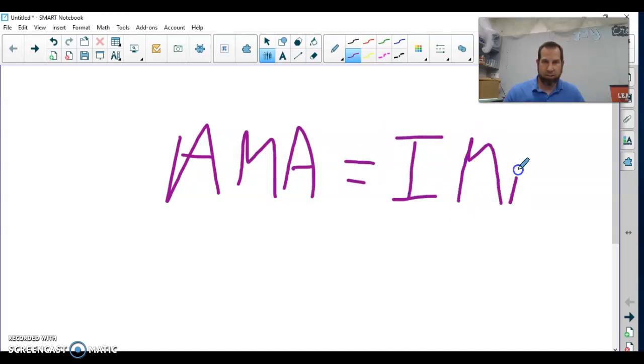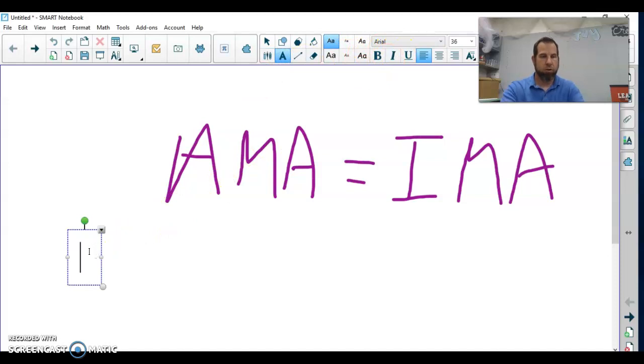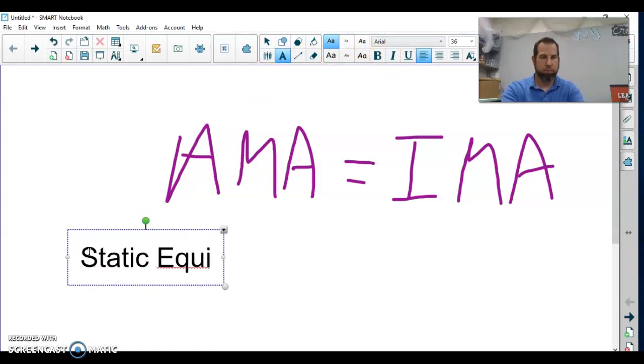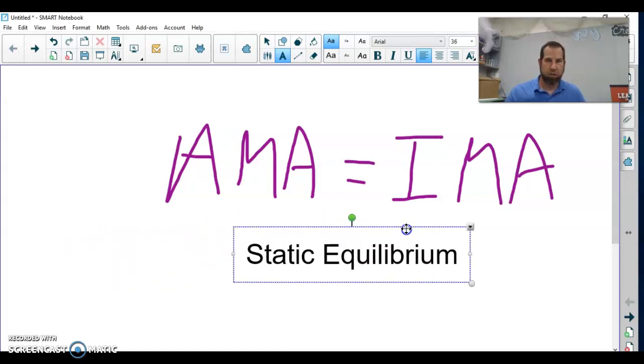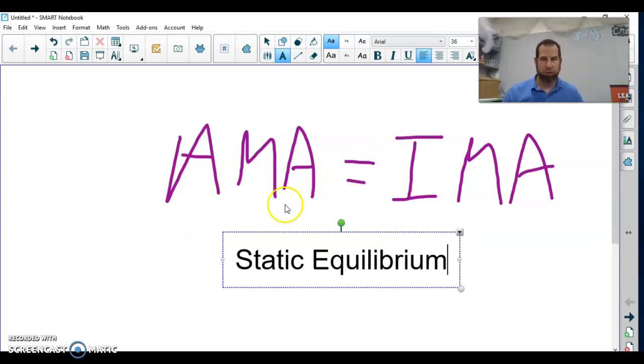This is called static equilibrium. I'm not going to write that out, I guess I could type it out for you guys. We're talking about static equilibrium. That's what this is right here, where your actual mechanical advantage is equal to ideal mechanical advantage.